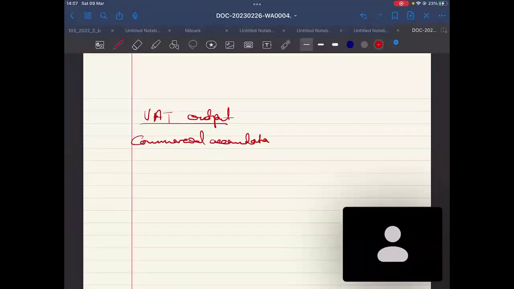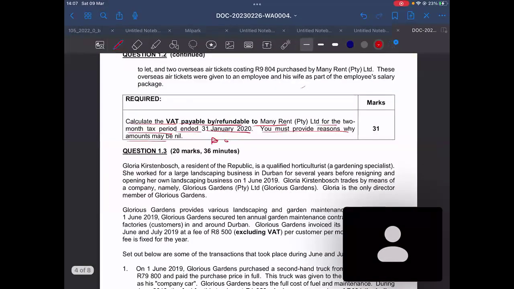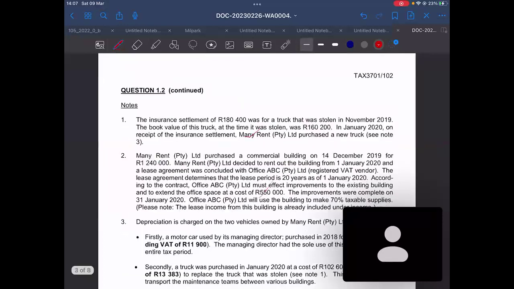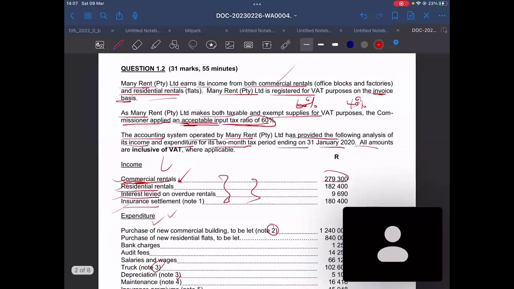Okay. So we're looking at this question. The entity is making exempt supplies and standard rated supplies. Standard rated supplies is commercial rentals, then exempt supplies is residential rentals.